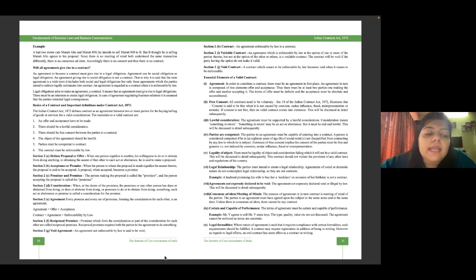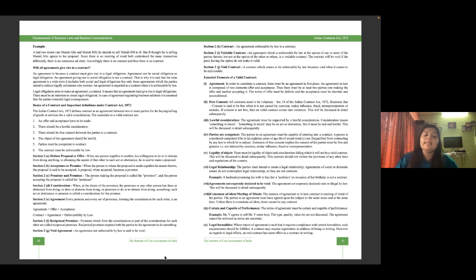Similarly, section 2B talks about acceptance or promise, which says that when the person to whom the proposal is made signifies his assent thereto, the proposal is said to be accepted. And the moment a proposal, when accepted, becomes ordained as such, it is called a promise.